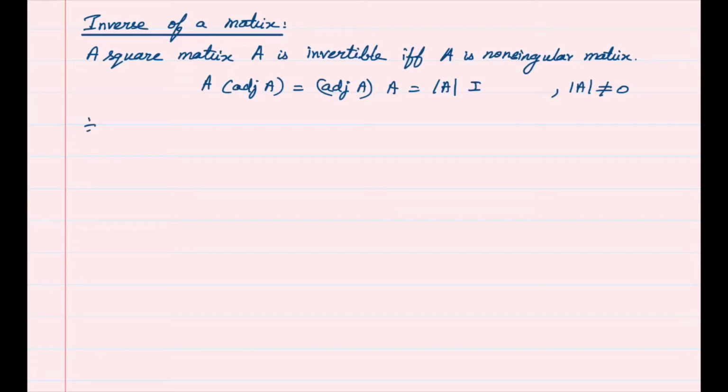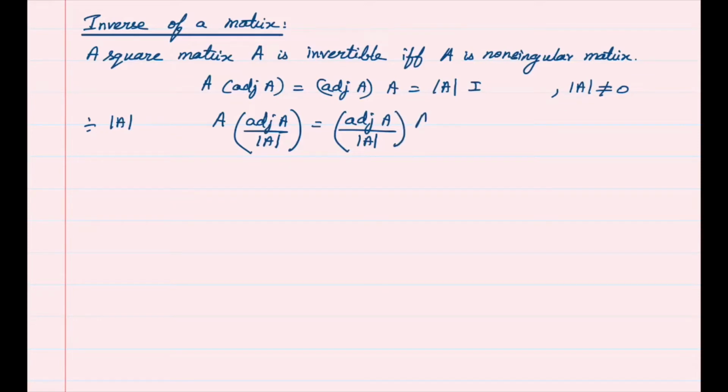We will divide the whole equation by determinant of A. We get A into adjoint of A divided by determinant of A is equal to adjoint of A divided by determinant of A into A is equal to I, as determinant of A will get cancelled.